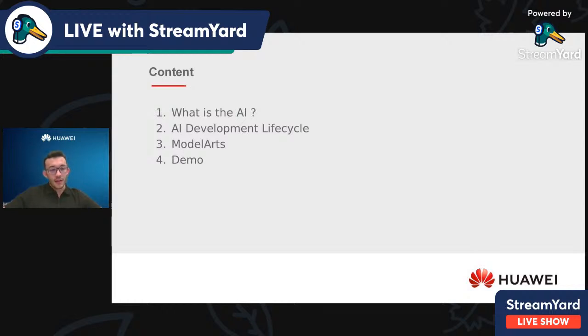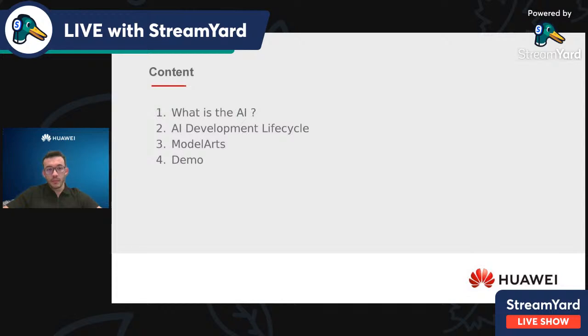Lastly, I will make a demo using the Huawei Cloud ModelArts Service. In this demo, I will use a dataset consisting of cars. The application scenario will be traffic analysis, because when we detect a car on the road, we can use this AI model in several scenarios.